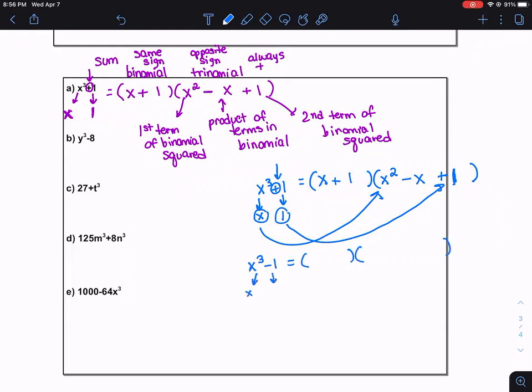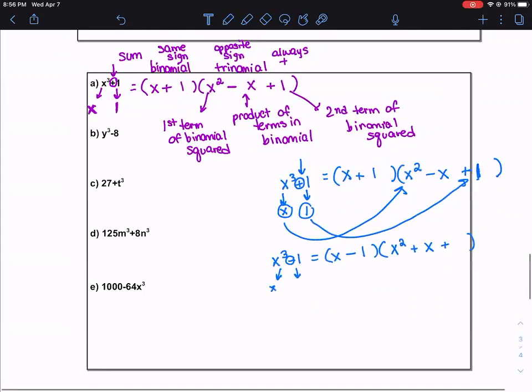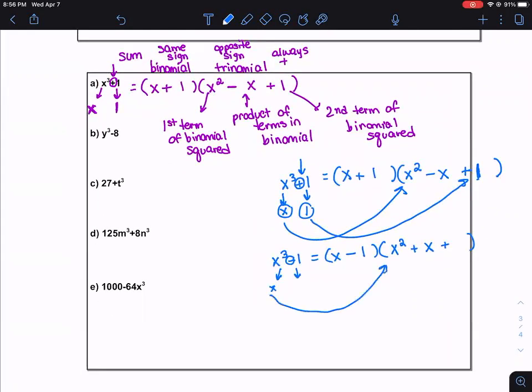This is still x and this is still 1. So this would go minus. This goes opposite. This always ends in plus. The two terms go inside the binomial. Their product goes in the middle. This gets squared and goes here. This gets squared and goes there.